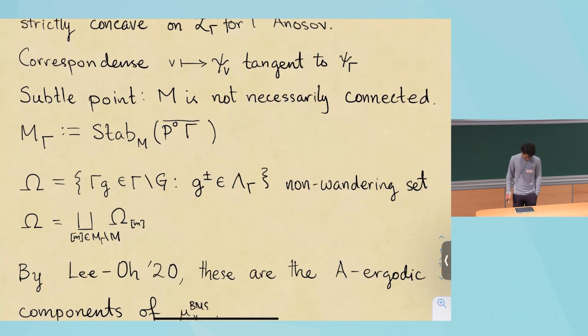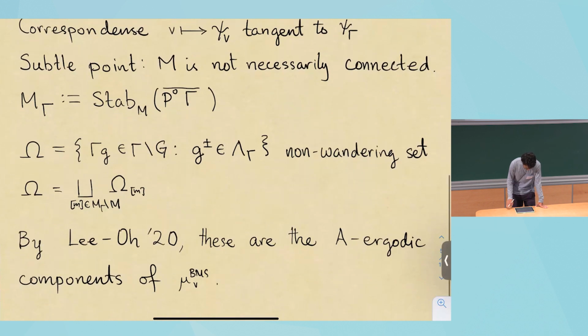Okay, now before getting into the results, I need to address a subtle point, which is that the group M is not necessarily connected. In the rank 1 case, it's connected, but in higher rank, this is not necessarily true. So how do we deal with that?